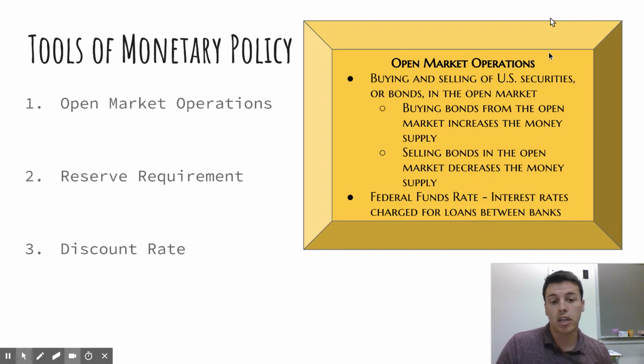On the flip side, if they sell bonds that they are holding, they put the bond out in the market, and they take cash out, and they just hold that, doing nothing with it, to decrease the money supply. So again, more money going out in the economy is used for expansion and growth. Pulling money out would be used to slow and contract the economy.